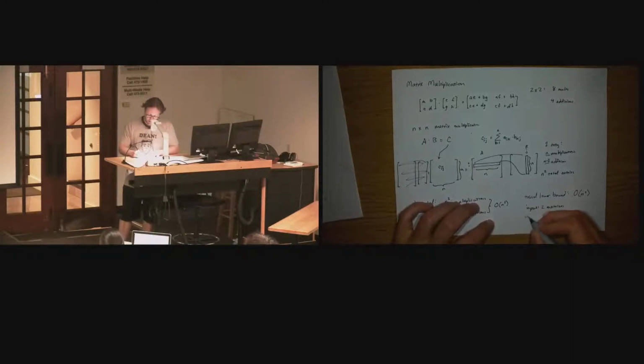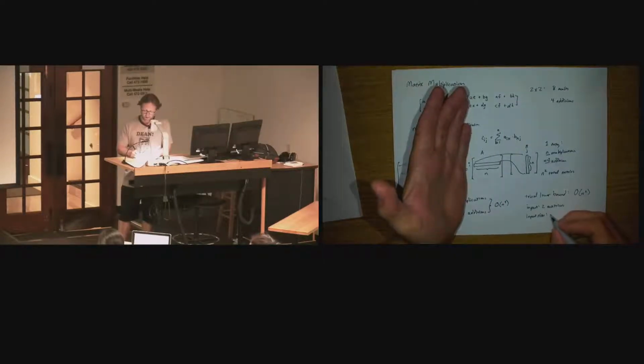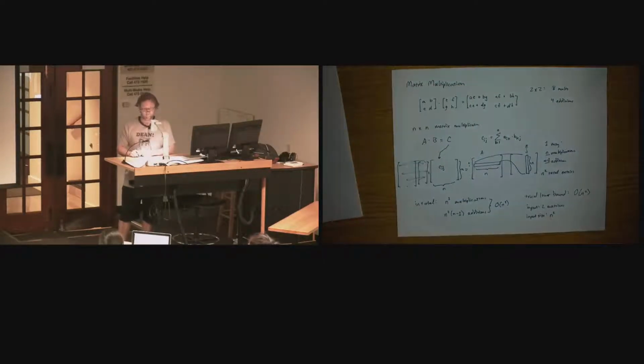What is the input size? How big is one matrix in general? N squared entries, right? So if we're able to get it down to this, it is actually linear with respect to the input size.